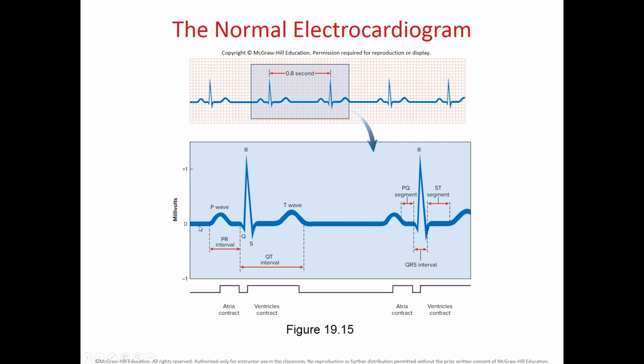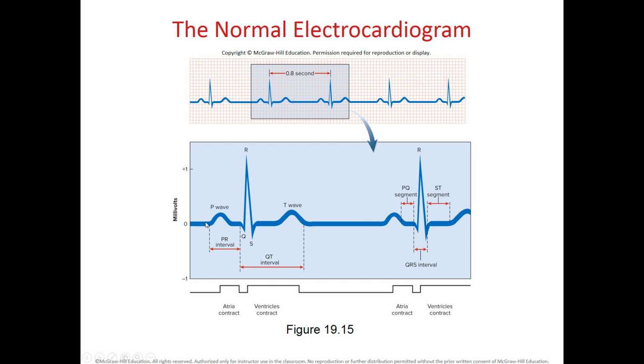So within the electrocardiogram, you have this baseline, and then anything above this baseline will be positive waves, and anything below will be negative waves. So the first wave that you see here, which is known as the P wave, corresponds to the atrial depolarization.